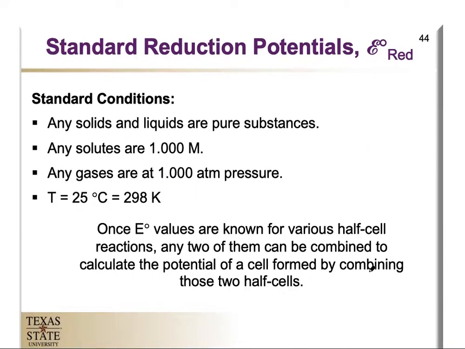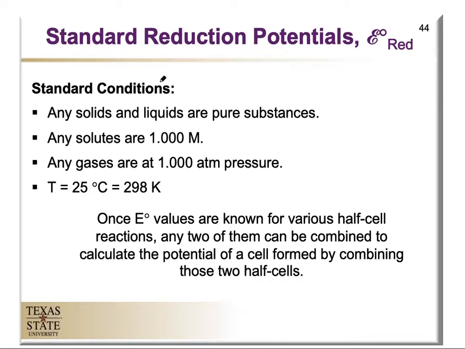All right, standard conditions, just to remind you, is that if we have a solid or a liquid, they will be pure substances. Any solute will be dissolved at a concentration of 1 molar. Any gas will be at a pressure of 1 atmosphere, and the temperature will need to be at 25 degrees Celsius, which is the same thing as 298 Kelvin.